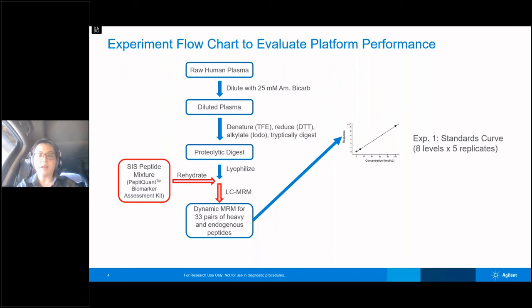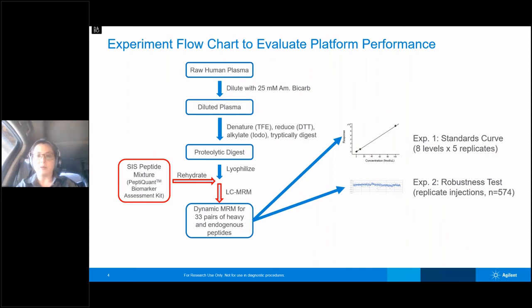We prepared 10 replicates, ran 5 replicates first to produce the standard curves, and stored the remaining 5 replicates of the calibration samples at 4 degrees for later experiments.